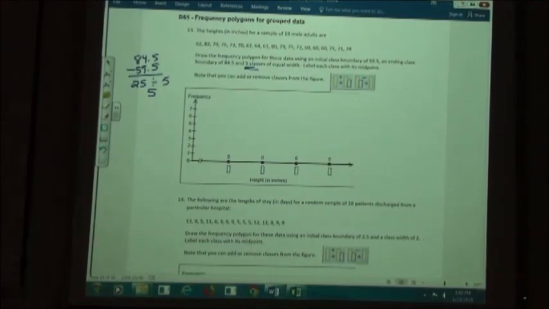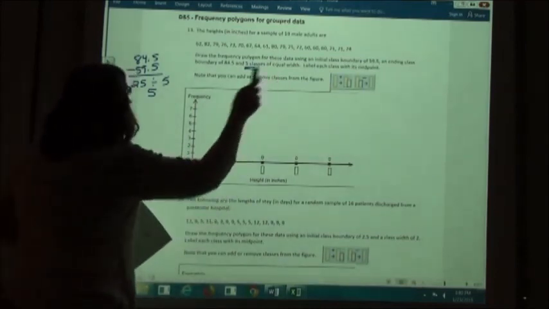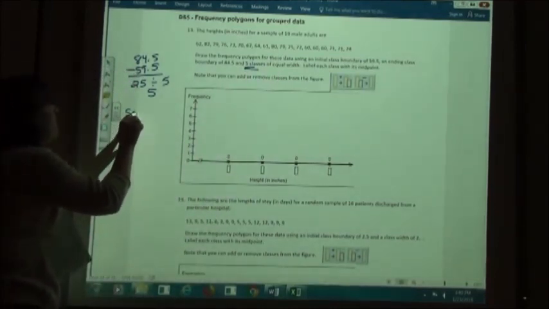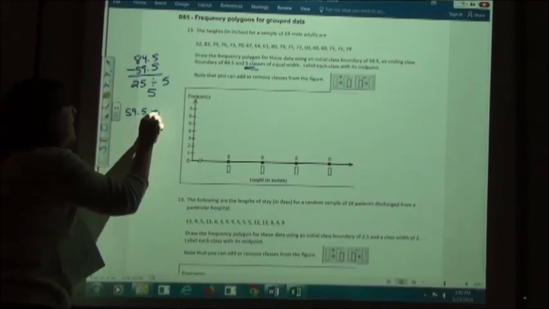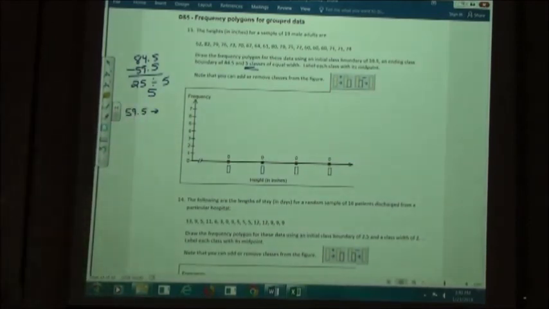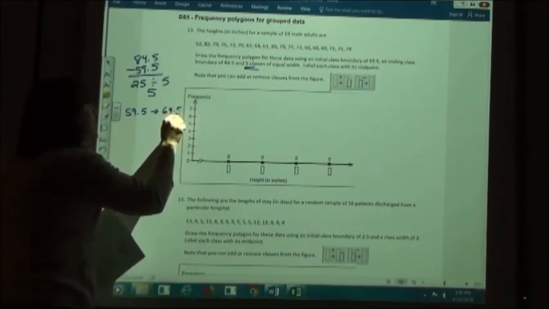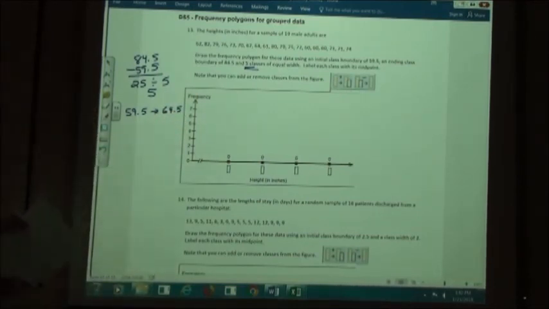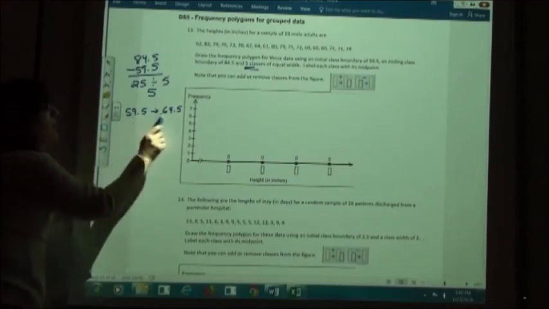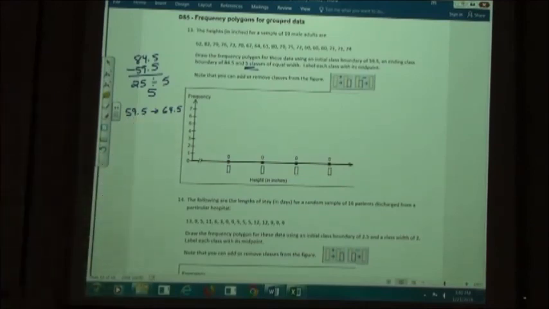And I'm going to list out along the side what the end would be of each section. We were starting with 59.5. If we add 5 to that, we would go to 64.5, right? We have to find the midpoint of that. How can I find the midpoint of my two numbers?